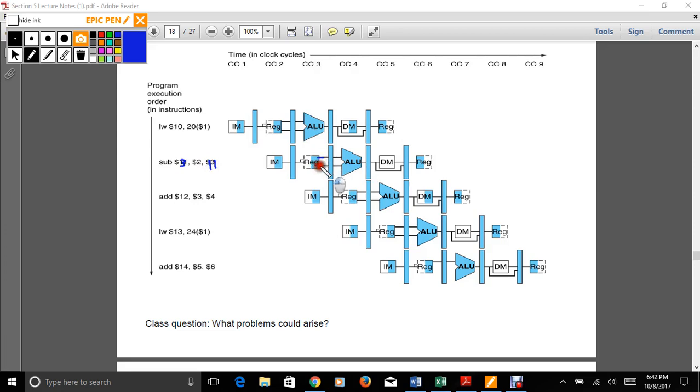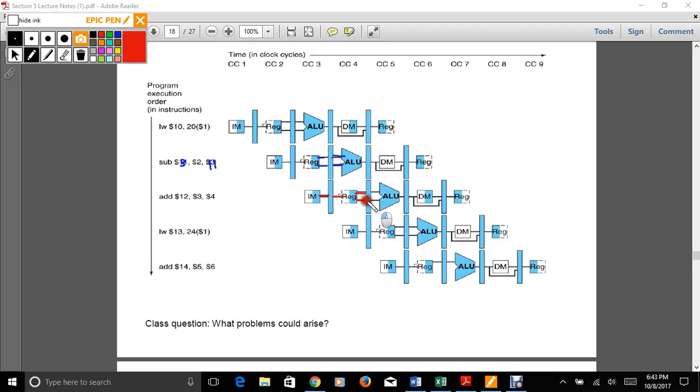So I'm taking 2 and 11 here, and I'm putting them on the arithmetic logic unit. I've decoded this instruction. I'll be able to break these into different names. So here I'm getting 3, and so I've got the values from 2 and 11, and I'm putting them onto the arithmetic logic unit. At this stage, I'm getting the values that I'm going to get. So here, this register is 3.